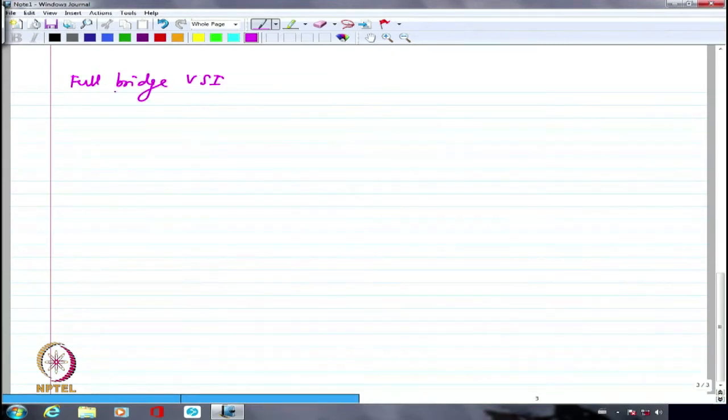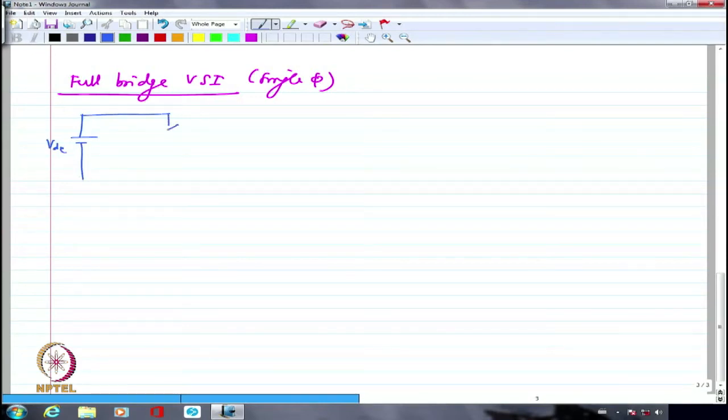VSI. Again we are talking about single phase. So we are looking at a DC voltage source, and then I am going to have 4 switches, which is similar to whatever we studied in the full bridge DC to DC converter.